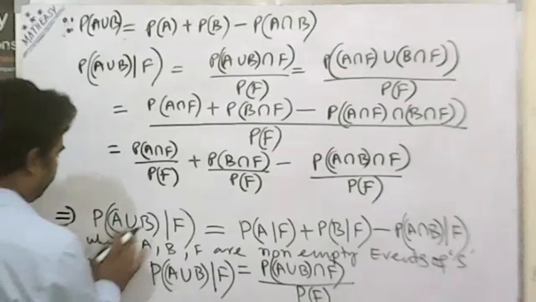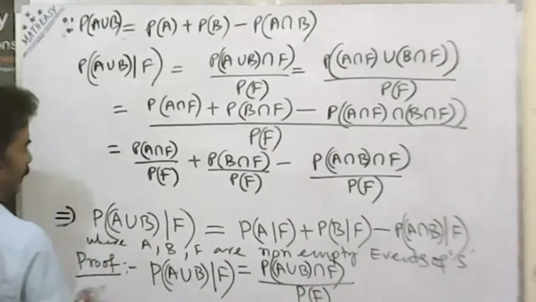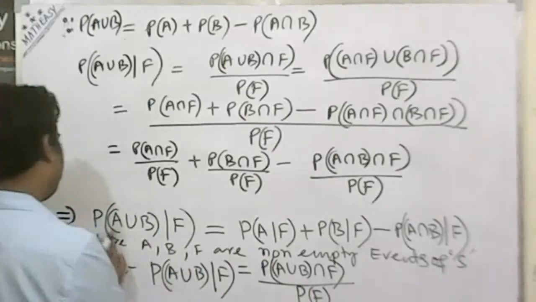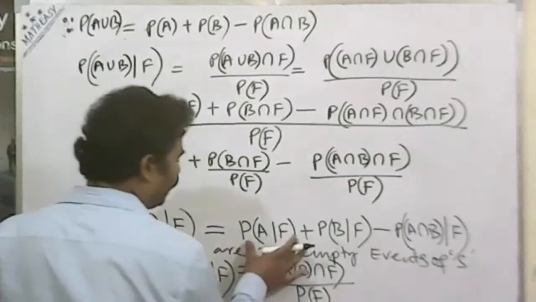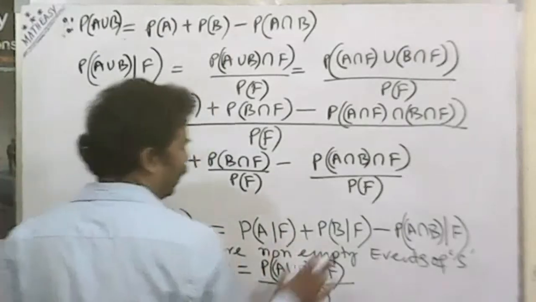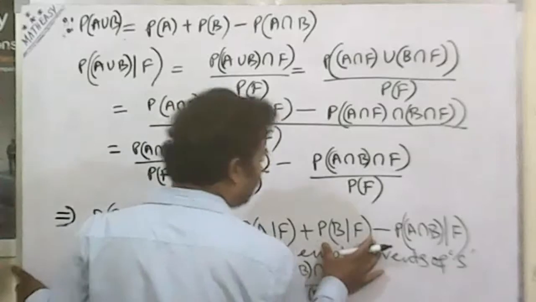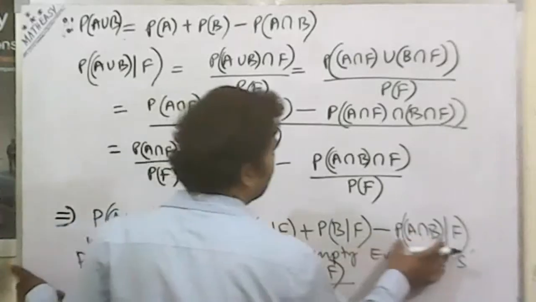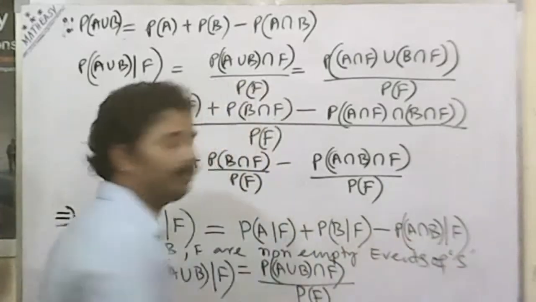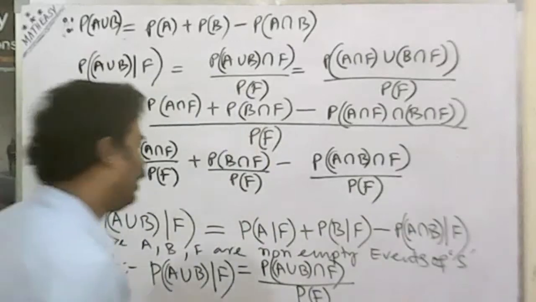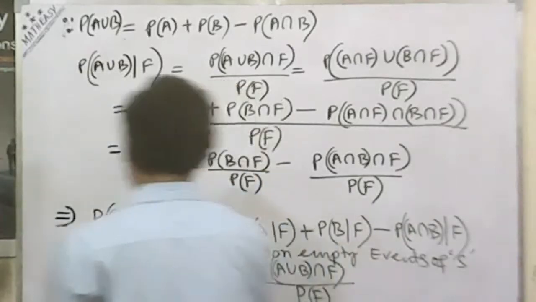Probability of A union B conditioned on F is equal to probability of A conditioned on F plus probability of B conditioned on F minus probability of A intersection B conditioned on F.